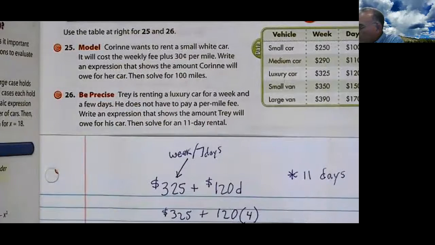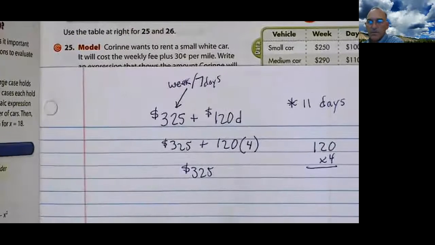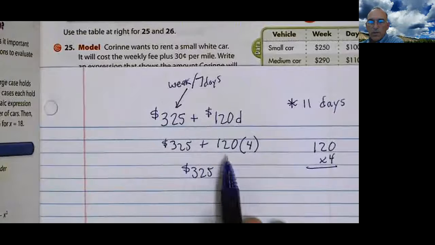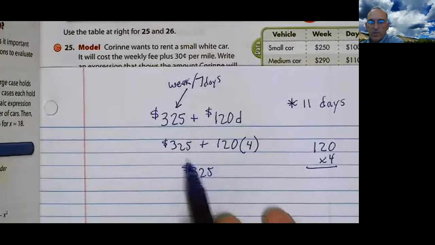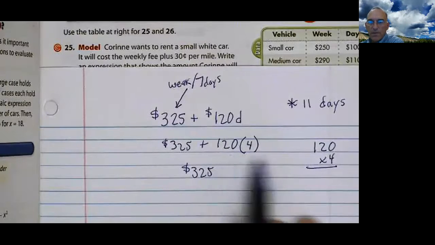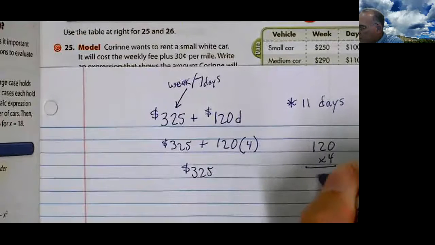You can pull this over to the side for your calculations. 120 times 4. Sorry, I'm off the screen, guys. There it is. 120 times 4 days. I brought the 325 down. I'm going to bring this over to the side and do my calculations.